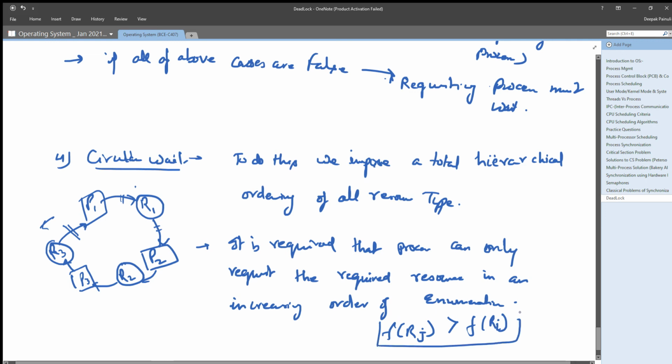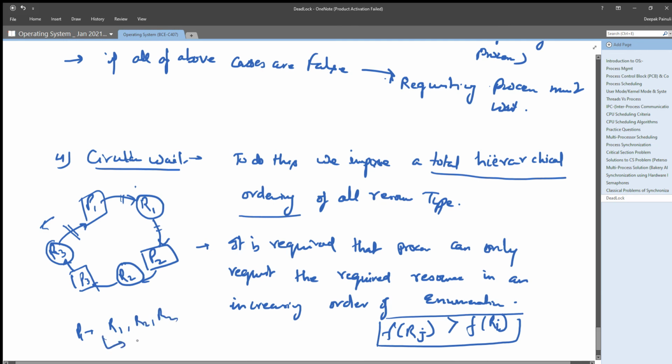So we are ensuring that if a process is demanding a resource which is not in the ordered way, then there will be a chance of circular wait. If we ensure or impose hierarchical ordering of all resource types, that means if P1 is requesting resources, it will first request R1, then R2, then R3.